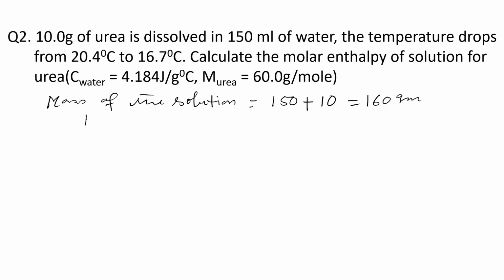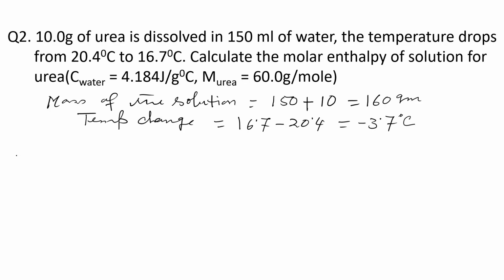Now, temperature change is how much? Temperature change, that is equal to final minus initial. If I write 16.7 minus 20.4, that means it is minus 3.7 degree centigrade.